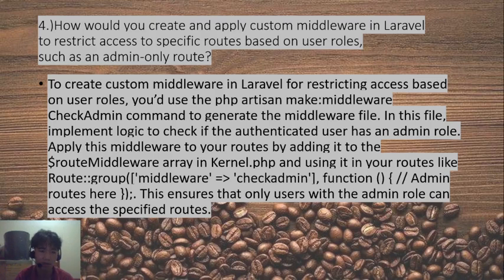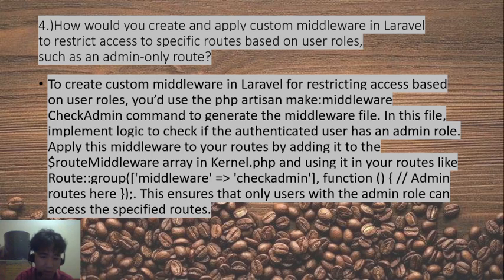So number four is, how would you create and apply custom middleware in Laravel to restrict access to specific routes based on user roles, such as an admin-only route? To create custom middleware in Laravel for restricting access based on user roles, you use the php artisan make:middleware CheckAdmin command to generate the middleware file.